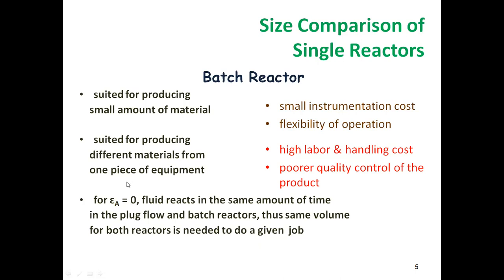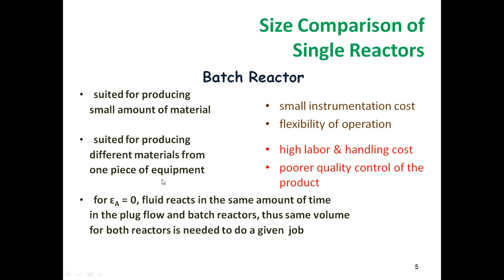However, class, though this might be a come-on because from just one particular equipment, you can process different sets of raw material, the loading and the unloading of the process system inside the batch reactor also entails cost. So you have to put in your system. Initially, you have to render it ready for reaction inside your batch reactor.